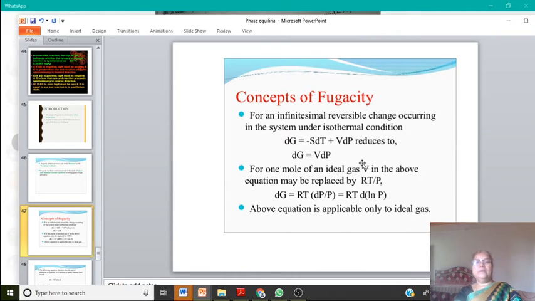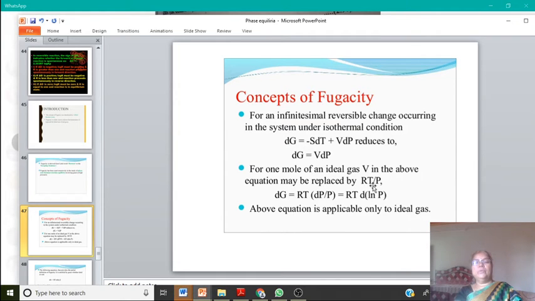And the scientist Lewis wanted to apply the law of mass action to the real gases, and during his studies he found the similarity between the real gases and ideal gases at low pressure and high temperature conditions. And this V is equal to RT by P holds good only in a limited range of pressure and temperature.